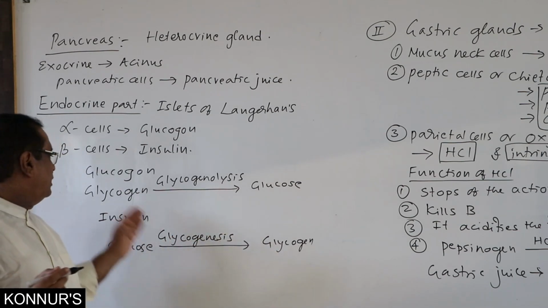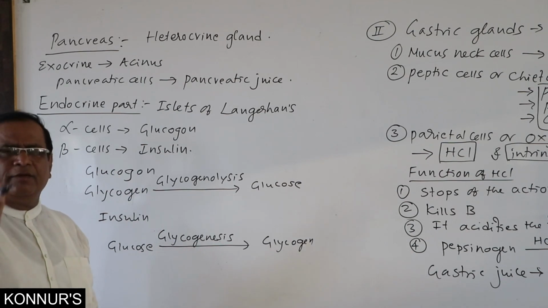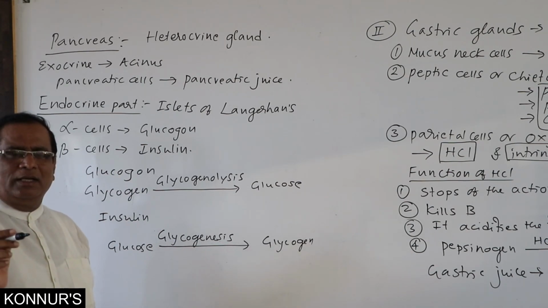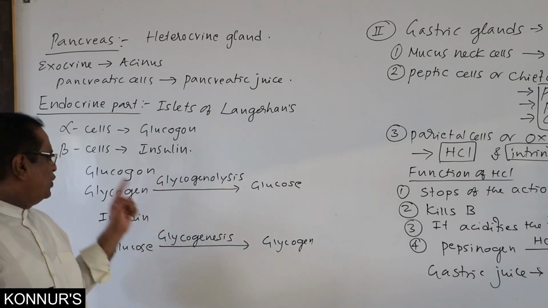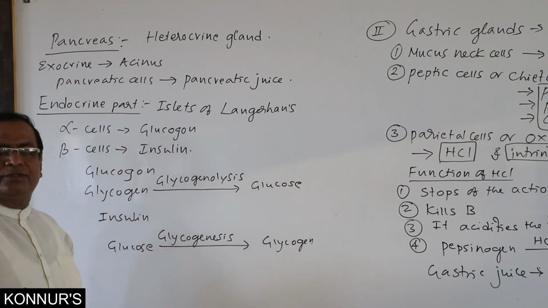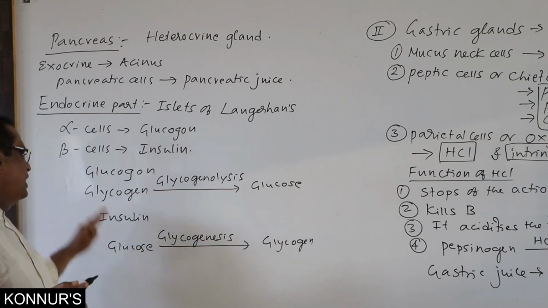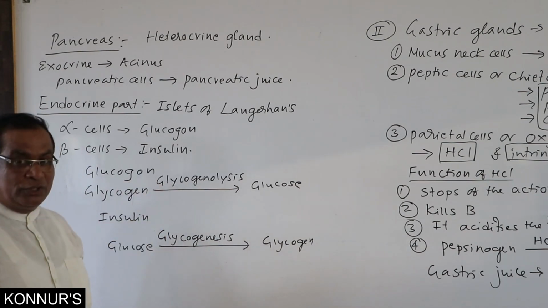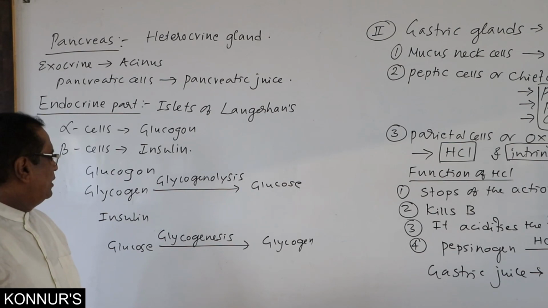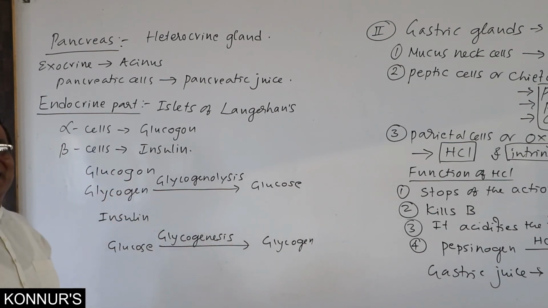And when this glucagon does work, if blood glucose level is less than 80 mg, alpha cells produce glucagon and that converts glycogen into glucose by the process glycogenolysis. And this glucagon, what it helps?